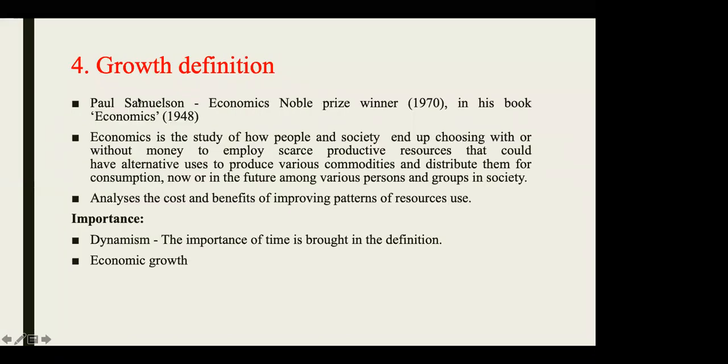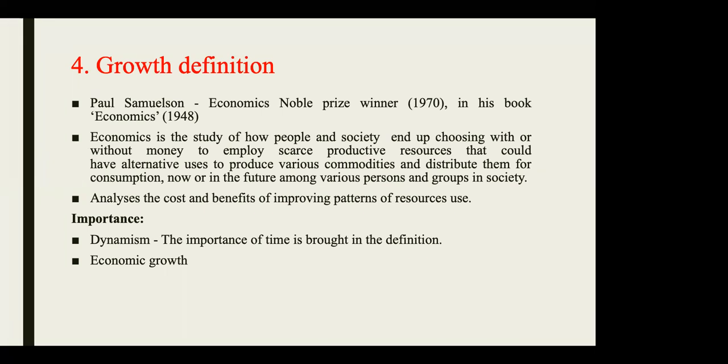And the growth definition is given by Paul Samuelson, the first American economist to win a Nobel Prize, in 1970. His book name is Economics. He defines economics as a study of how people and society end up choosing, with or without money, to employ scarce productive resources that could have alternate uses to produce various commodities and distribute them for consumption now or in future among various persons and groups in society.